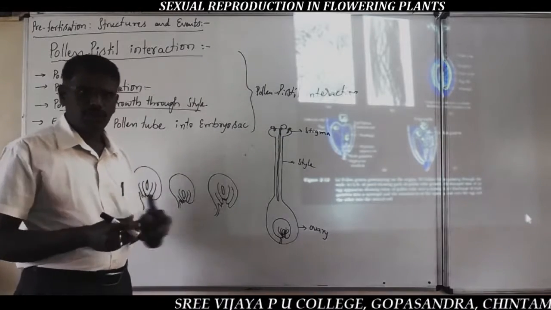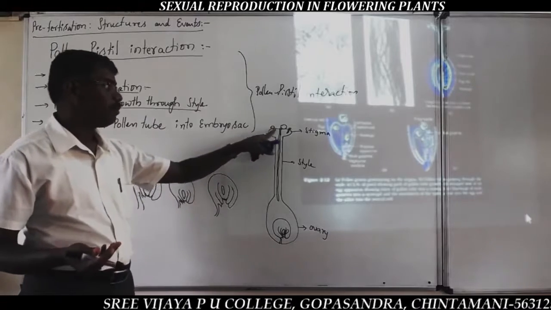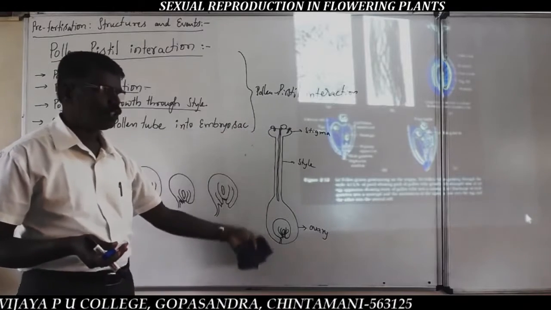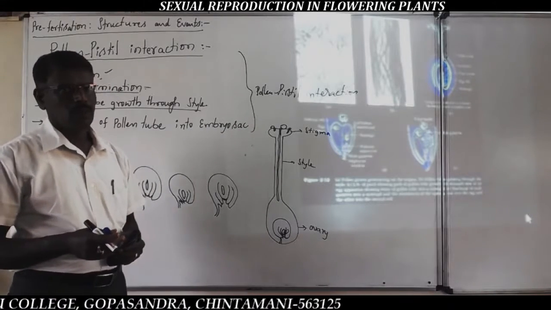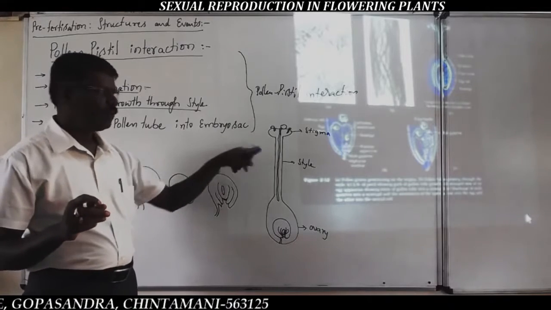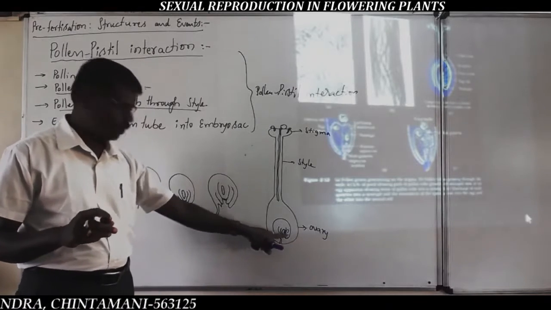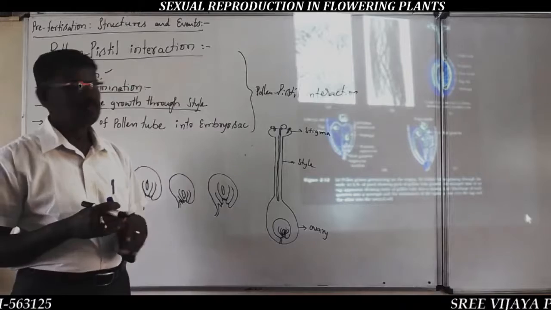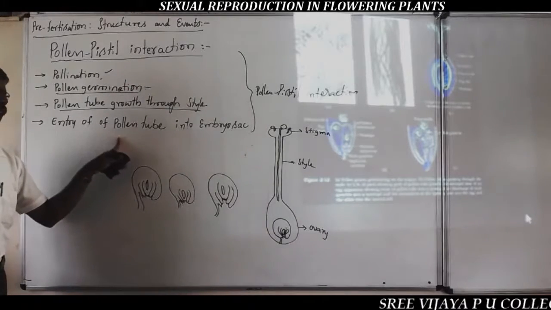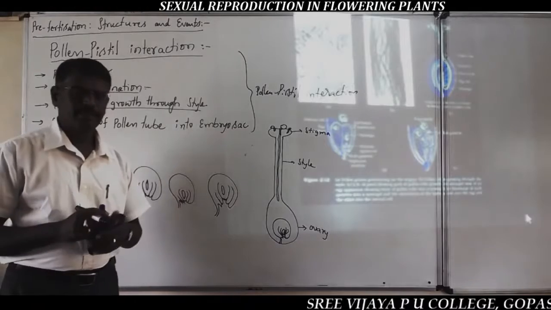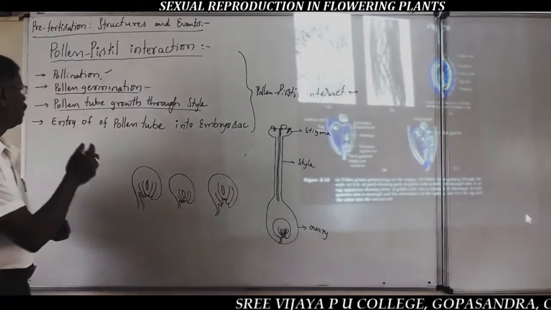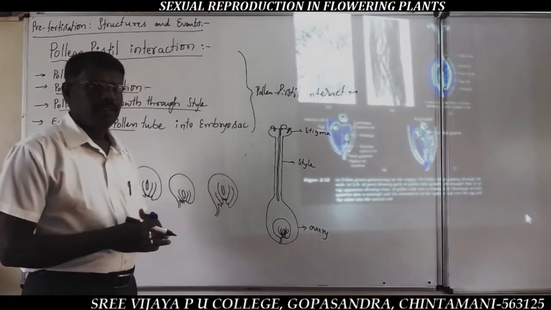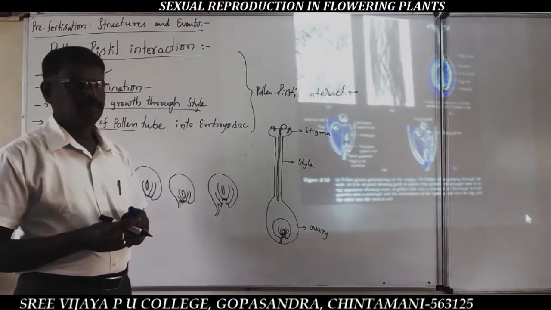If a number of pollen grains are germinated on the stigmatic surface, and all the pollen tubes grow towards the ovule, the pollen tube which first reaches the ovule must enter. That is the entry of the pollen tube into the embryo sac. There is a path of the pollen tube.